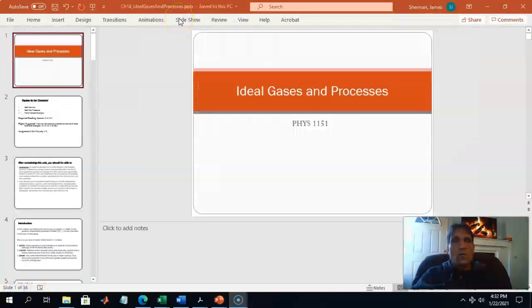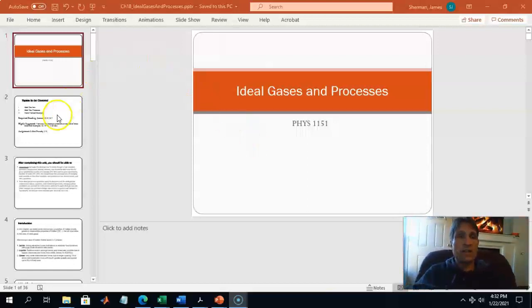Okay, now we're going to move on to our next set of notes, which is still chapter 18, and we're going to talk about ideal gases and processes associated with ideal gas. And so these set of notes we'll finish up tomorrow. We're going to get started on them today, and then we'll finish them up tomorrow, and that will be the end of chapter 18.